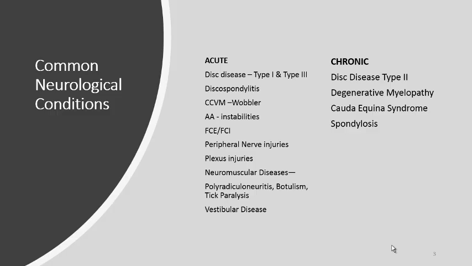So here is a list of common neurological conditions that we may see. Now, with our neuro exam and our physical exam, we can find a lot of these issues and figure them out. But in some cases, we need advanced imaging. Sometimes we need an MRI, sometimes we need a CT, sometimes we need a neurologist to help us out.